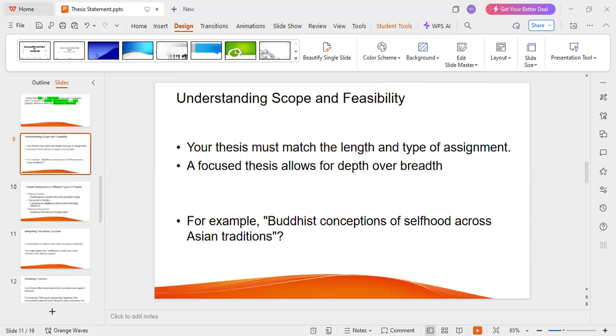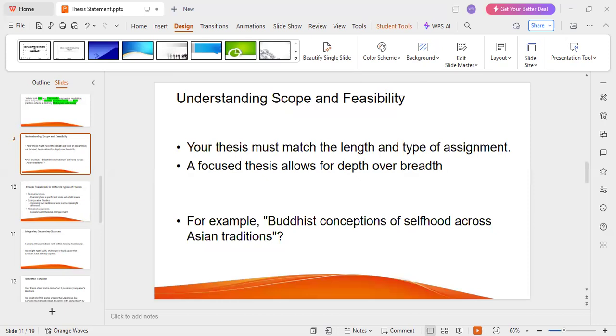Yeah. So here, if we move to the scope and the feasibility of the thesis statement, the scope matters. Your thesis should match the length and the type of assignment, right?